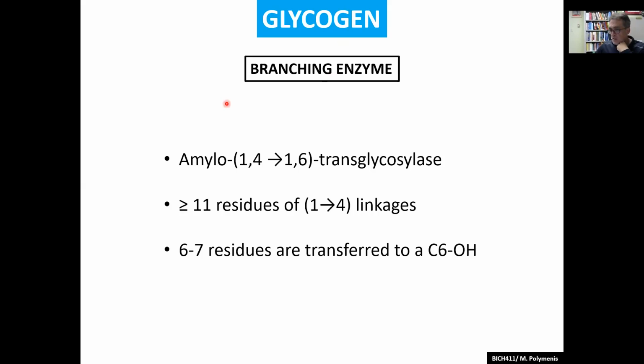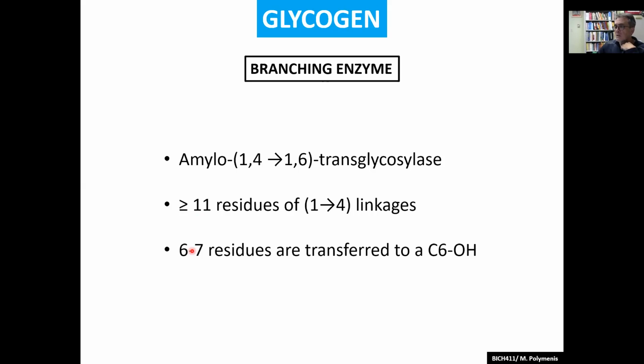So how do we branch? The branching enzyme comes in, and for the branching enzyme to work, you already have to have at least 11 residues. So glycogen synthase has to have worked already, extending the four glucose residues that were on glycogen to a minimum of 11, and then and only then the branching enzyme comes on.